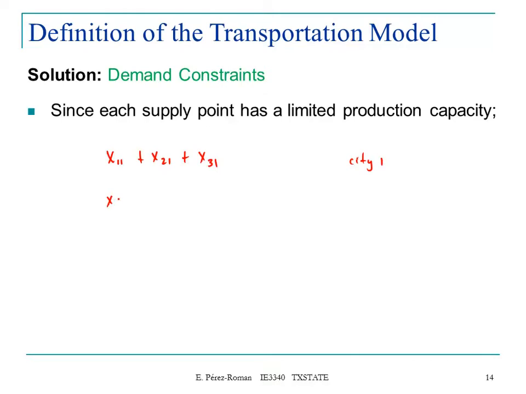Then x12 plus x22 plus x32, x13 plus x23 plus x33, x14 plus x24 plus x34. So this is city 1, city 2, city 3, and city 4.